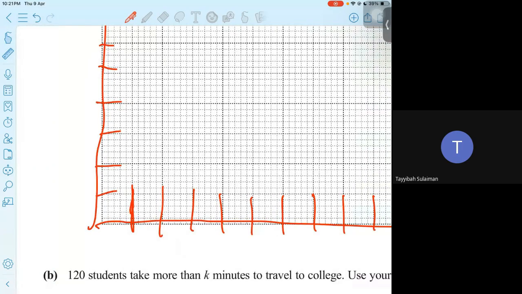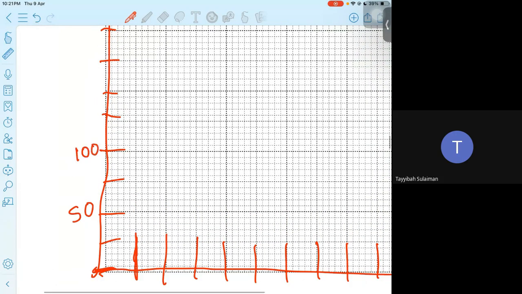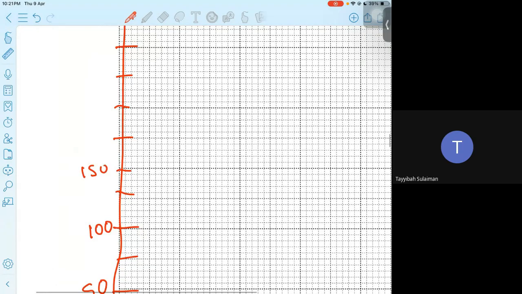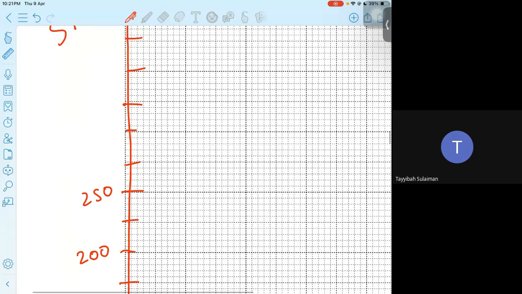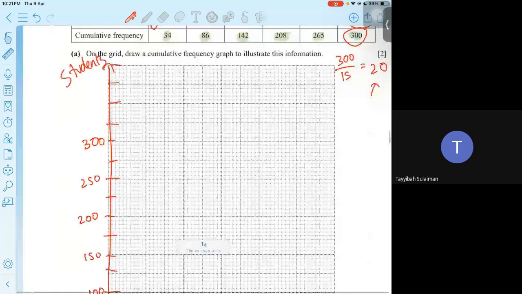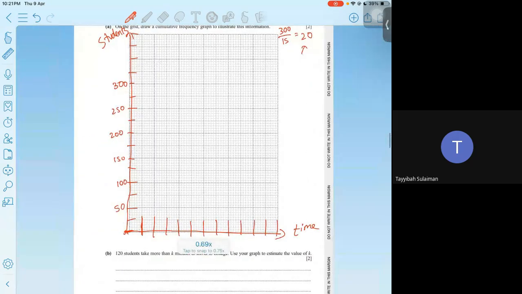So if you started here, this is our 50, this is our 100, 150, 200, 250, 300.